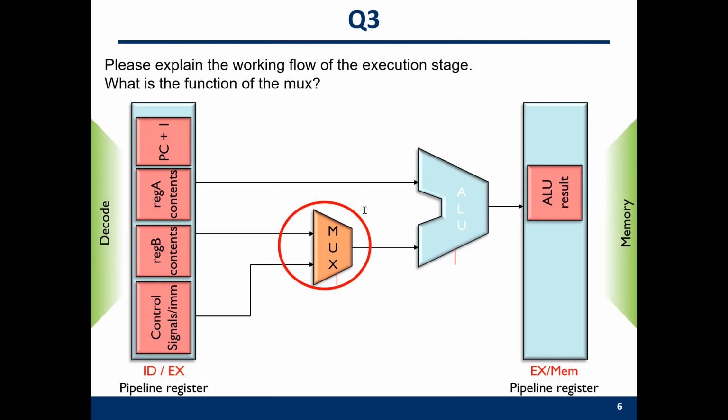You may also have some other instruction like this. So this is the immediate data, and this is the register B. So this mux is used to distinguish these two types of instructions.